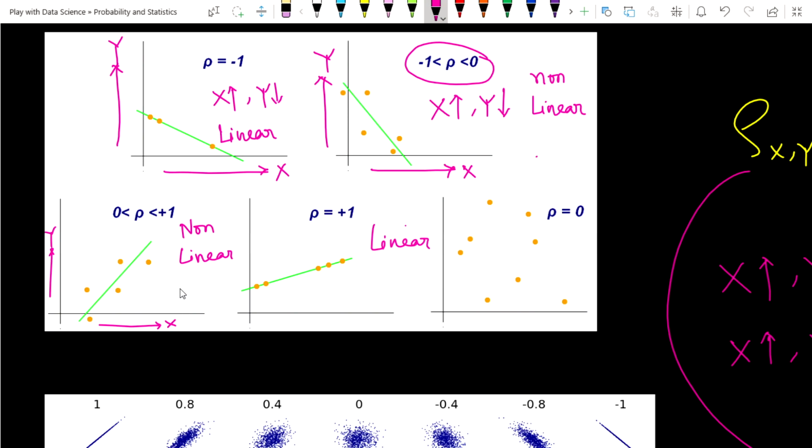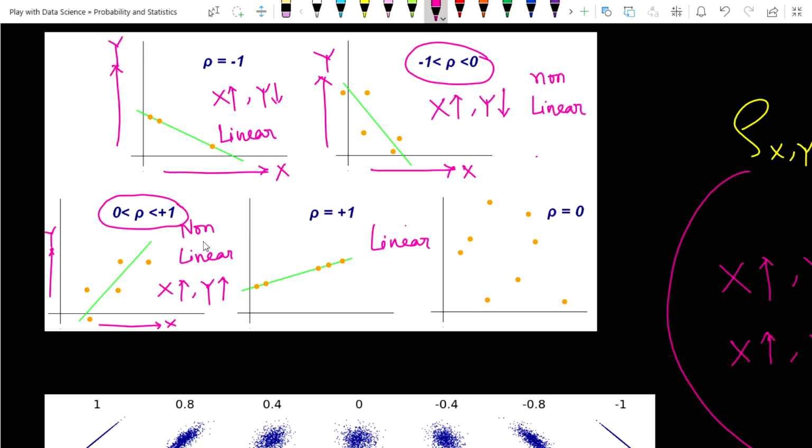Here also you have seen that x increases, and y also increases, but non-linear. So because of that, the Pearson correlation value lies in the range 0 to 1. On covariance only, if we got it positive, then this relation holds. If negative, this relation holds.